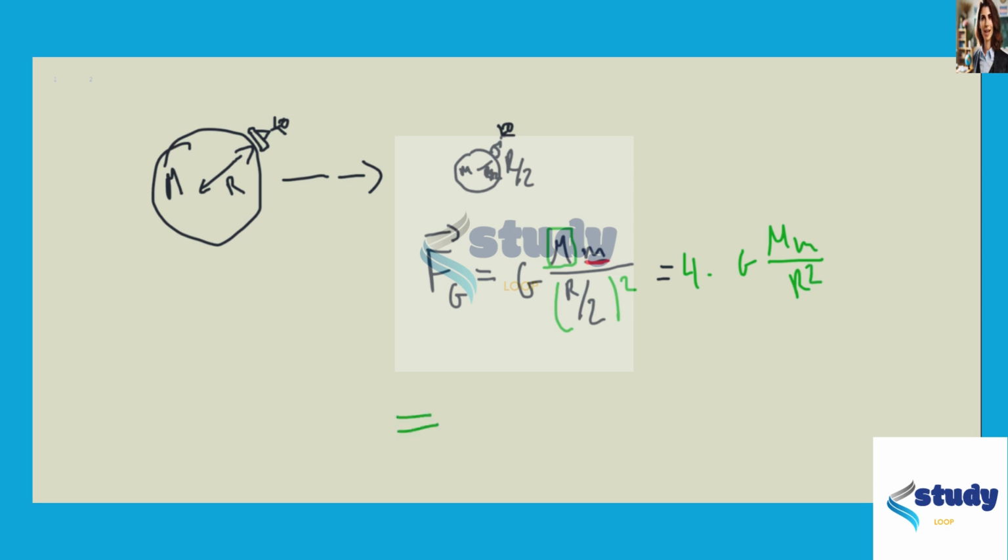So basically, if just the planet shrinks, our weight is 4 times bigger.